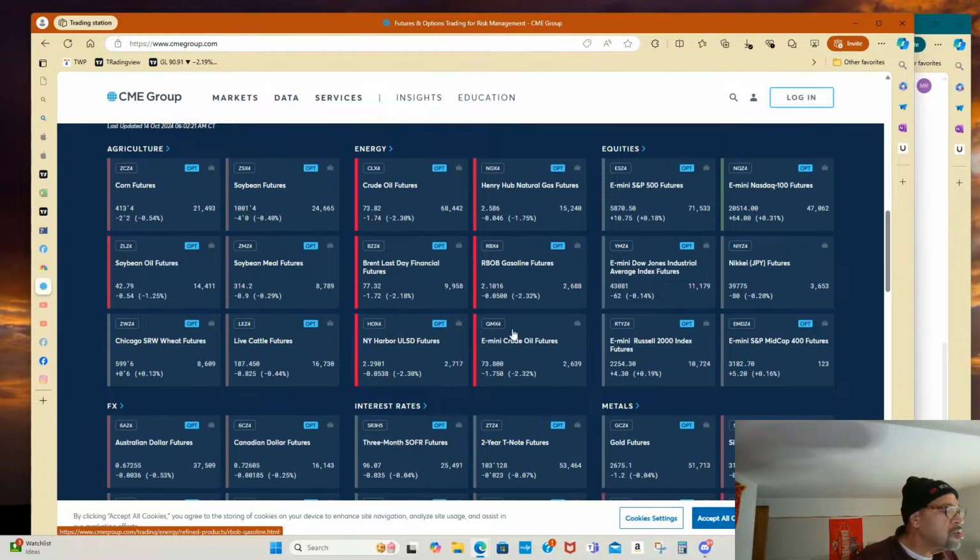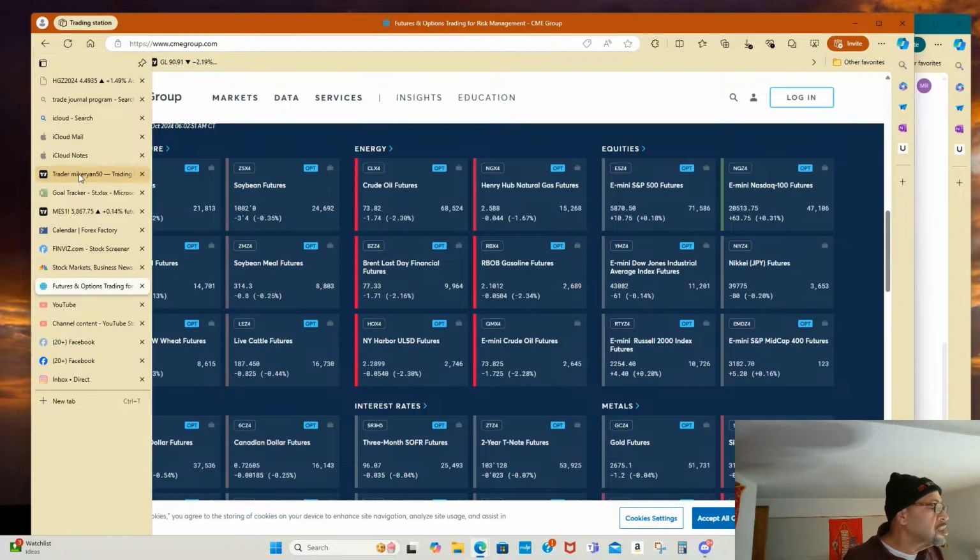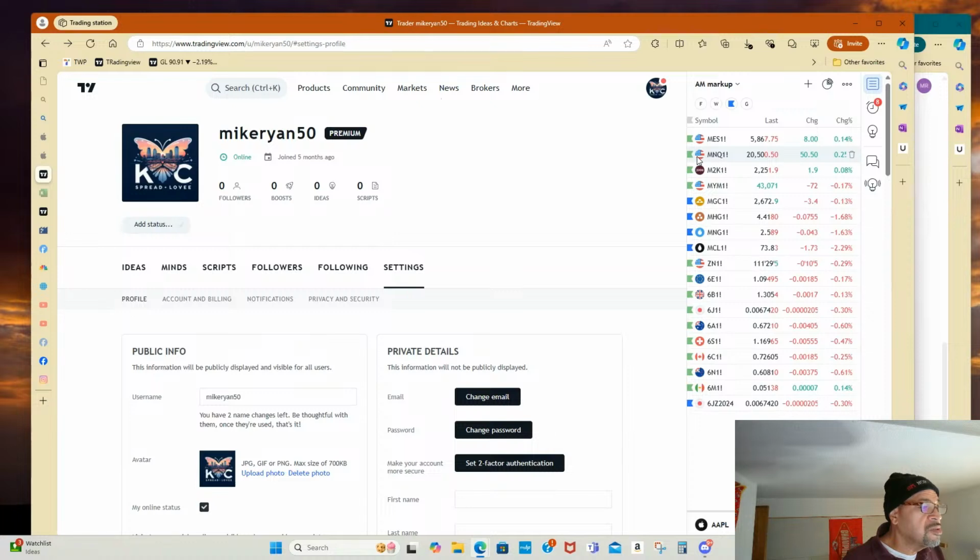So crude oil, nat gas. I don't think that's that oil. And then that's mini on that. So those are X's. So Z's for the indices and X for the metals.